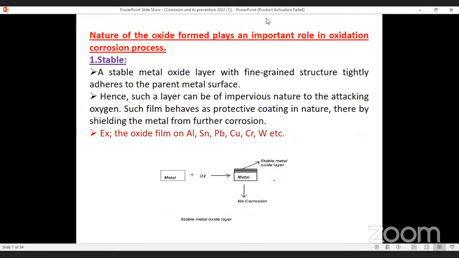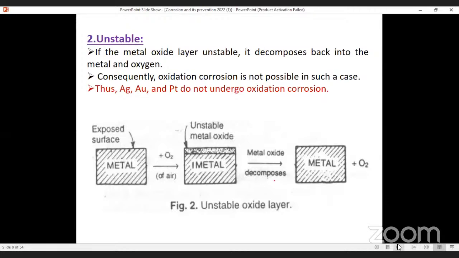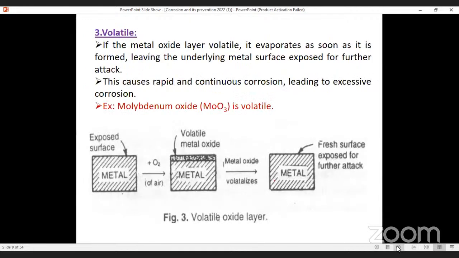Here, a stable metal oxide forms only in this area, and it is almost stable, so the remaining metal is not involved in corrosion. That should be protected. But this does not happen in the case of unstable metal oxide formation. When unstable metal oxide forms, the entire metal is exposed to the environment. Therefore, it is involved in the corrosion process.